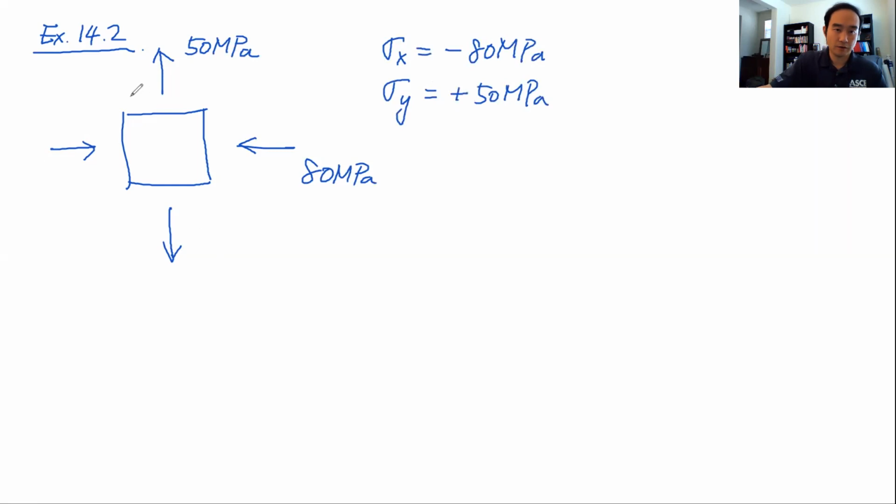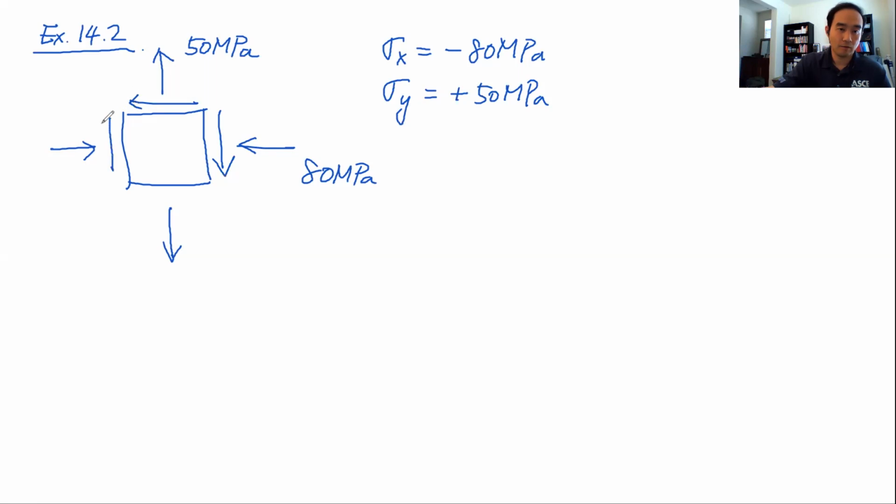We also have shear stresses. If we have a stress this way, this is tau yx, and this is going to be tau xy, and the magnitudes are the same, but the directions are going to be this way, okay?